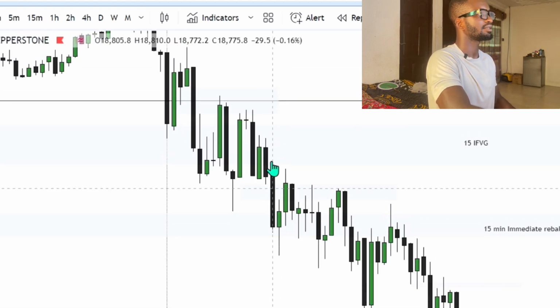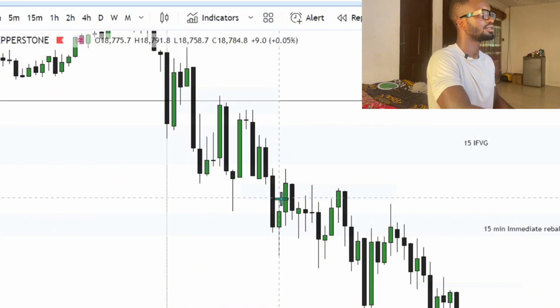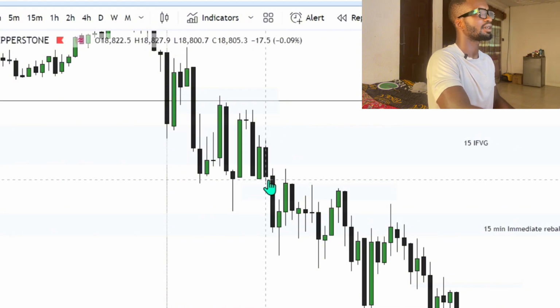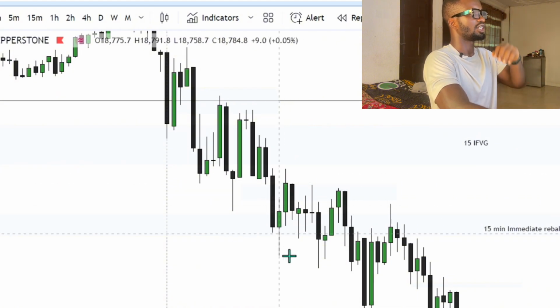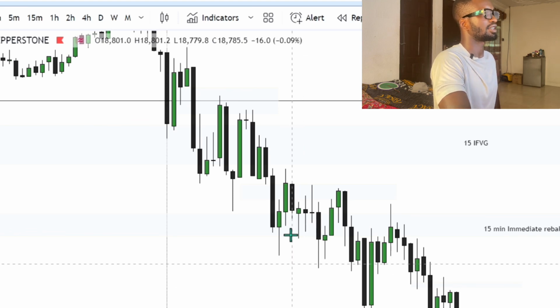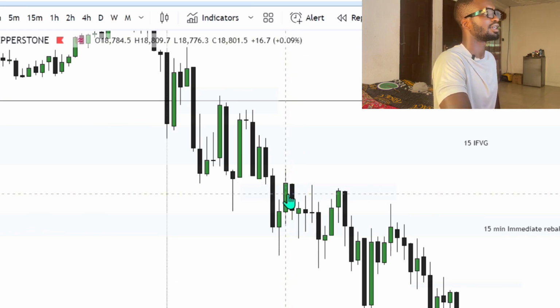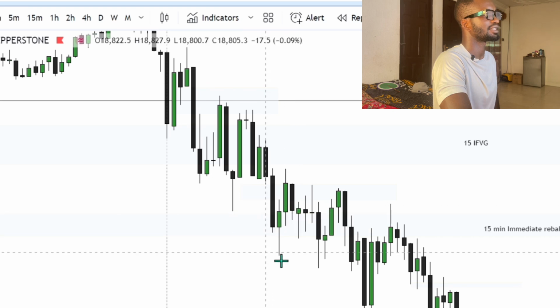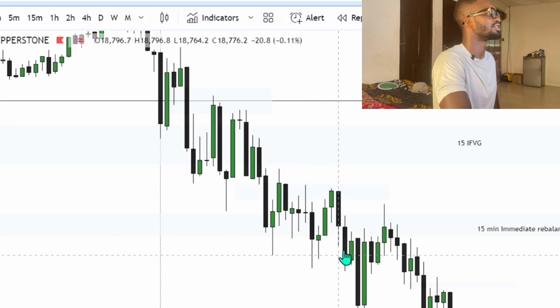See this gap here? This is from the 1 minute time frame. I took another partial entry here. Sell here. See how it came down? Another opportunity to sell.